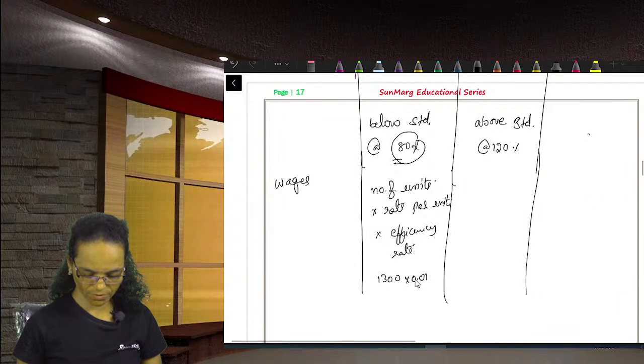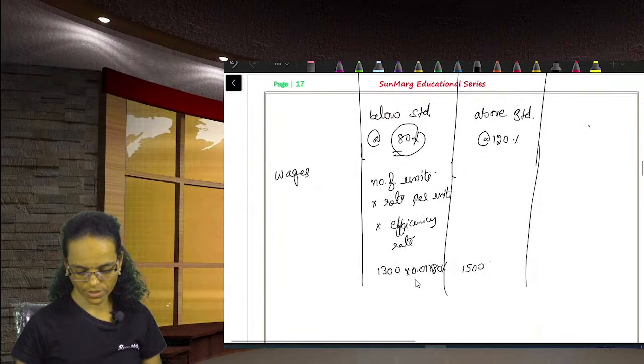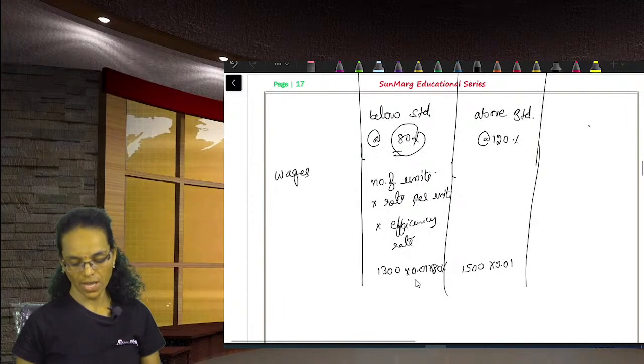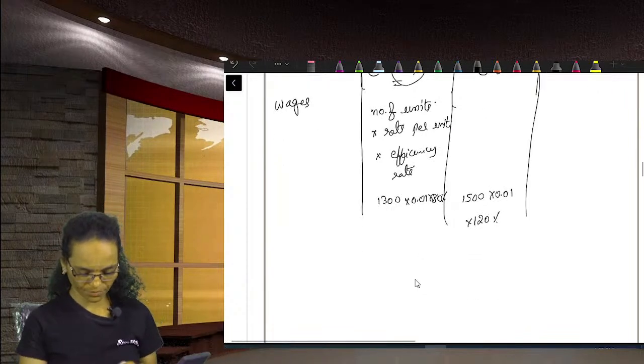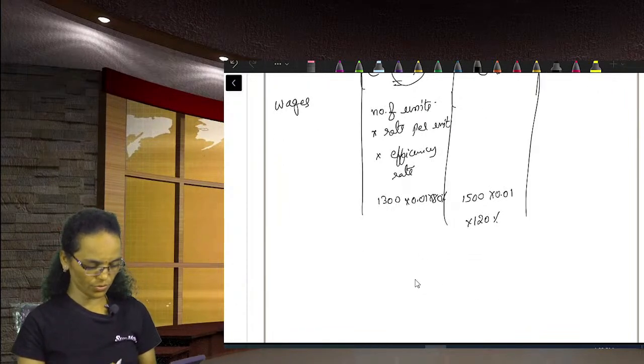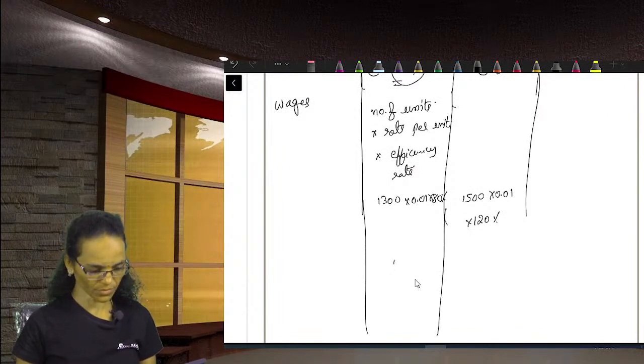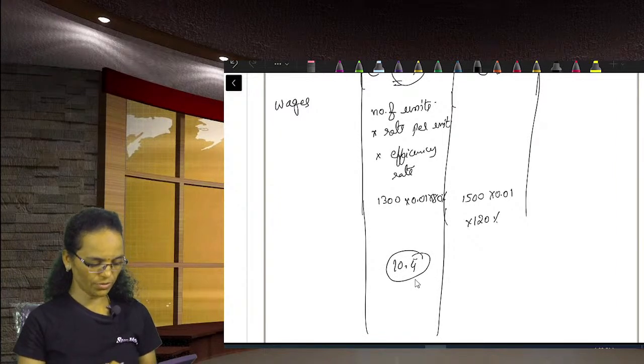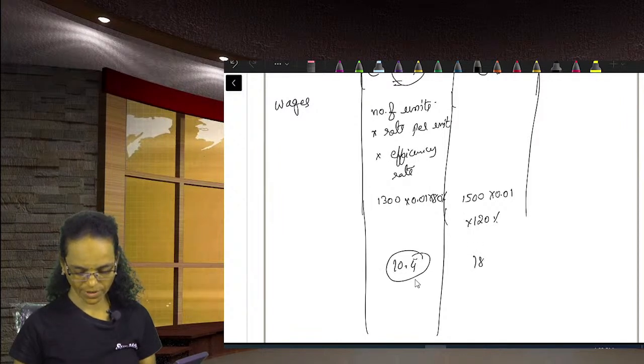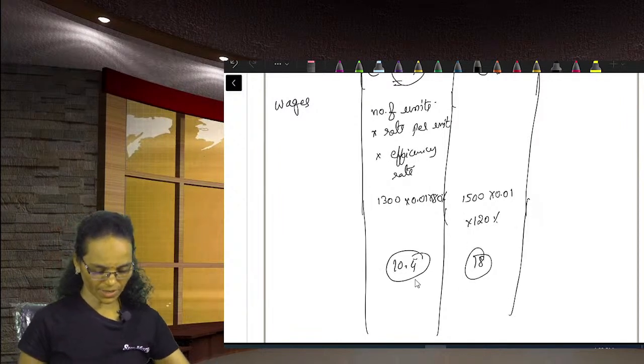B produced 1500 units, 0.01 is the rate and 120%. 1300 into 0.01 into 80% is 10.04, and 1500 into 0.01 into 120% is 18 rupees under differential piece rate.